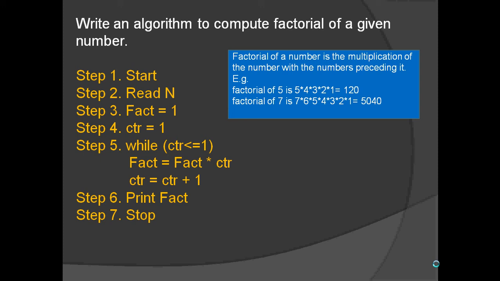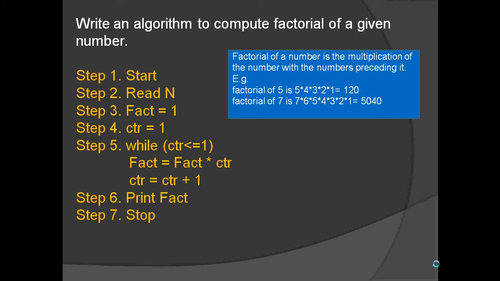The factorial of a number is the multiplication of the number with the numbers preceding it. For example, to find the factorial of 5, you multiply 5 into 4 into 3 into 2 into 1, and you get the value 120. So the factorial of 5 is 120.